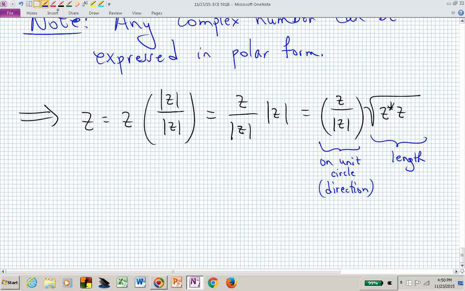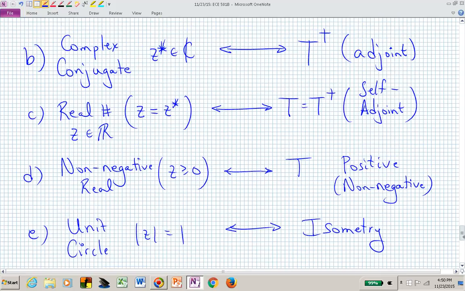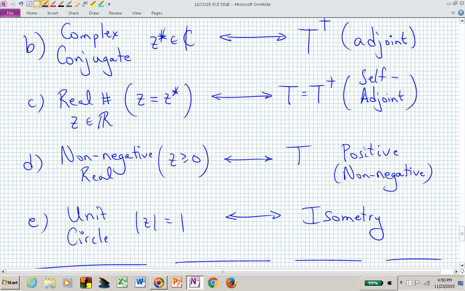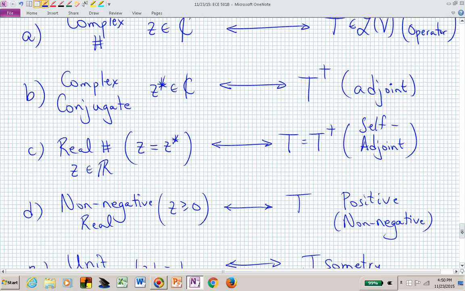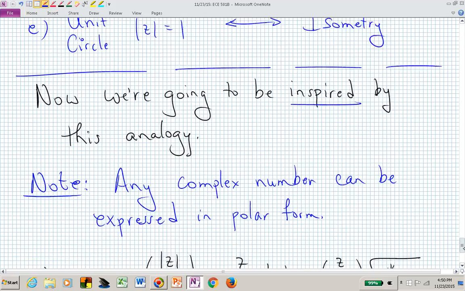Now that left-hand side complex number equaling the right-hand side is trying to inspire us, through all of these analogies. Meaning, if I now replace z on the left with an operator T, that's the analogy, then I'm going to start replacing some of these other pieces.